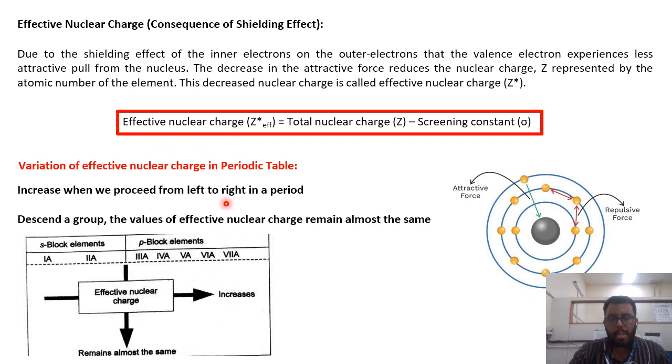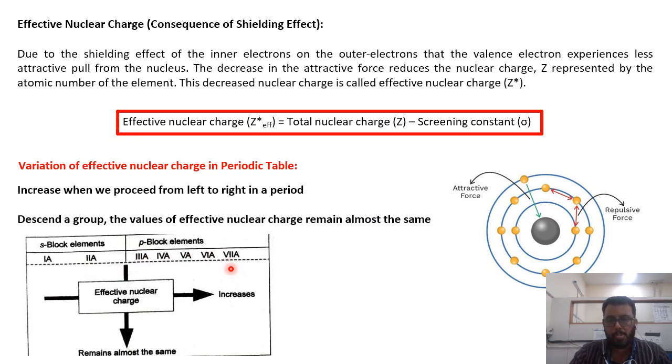Now, the periodic properties means you have to discuss how they vary along the period and along the group. Group means vertical columns and period means horizontal rows, that we all know. So how many groups are in the periodic table? Like 1A, 2A, 3A, 4, 5, up to 7.